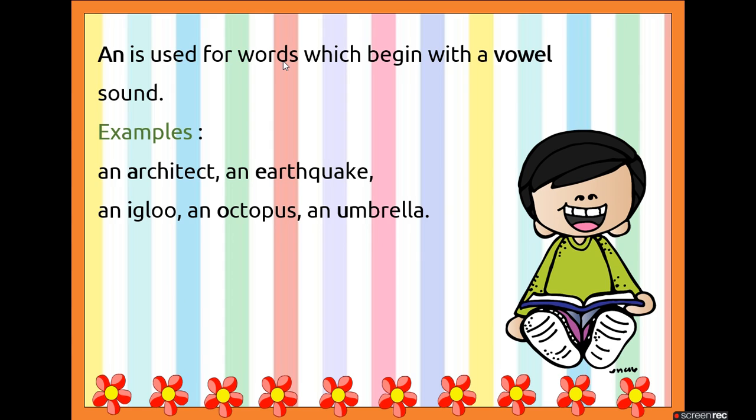The other 5 alphabets are vowels: A, E, I, O, and U. These are the examples: an architect, an earthquake, an igloo, an octopus, an umbrella.